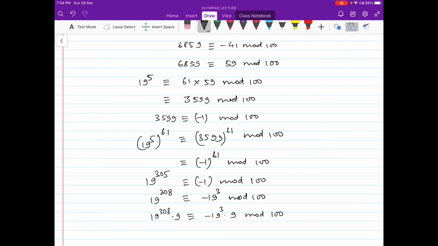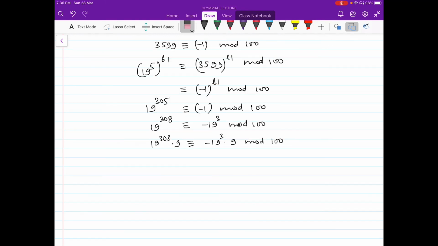And we can find here 19 to the power 308 into 9 is congruent with minus 19 cube, that is minus 6859, into 9 mod 100. This will give 9 into 6859, so minus 61,731 mod 100.